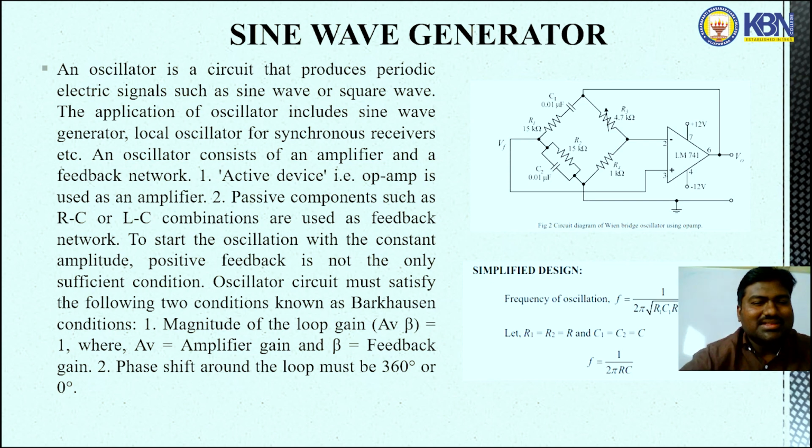To start oscillations with constant amplitude, positive feedback alone is not a sufficient condition. The oscillator circuit must satisfy the following conditions, known as the Barkhausen conditions. First, the magnitude of the loop gain, Av times beta, must be equal to 1, where Av is the operational amplifier voltage gain and beta is the feedback gain.